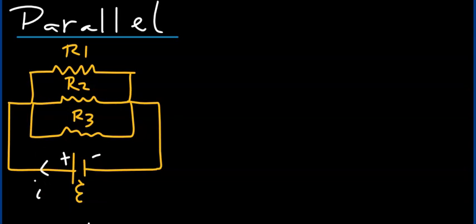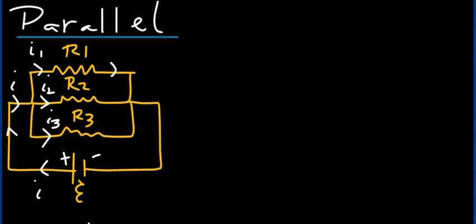So the current I will originate from the positive terminal of the battery. It goes all the way there, and then it will start to branch out into 3 segments, like that. So there is a current I1 through resistor R1, current I2 through resistor R2, and current I3 through resistor R3.